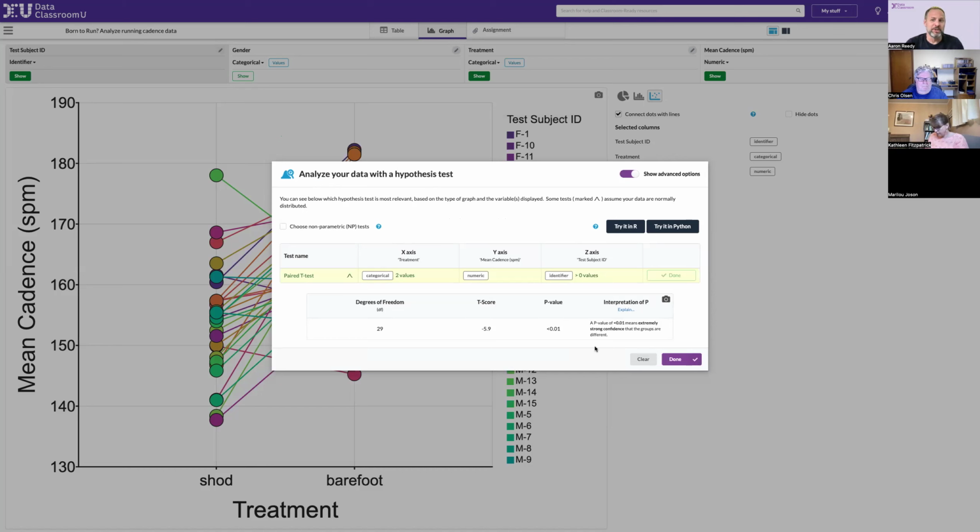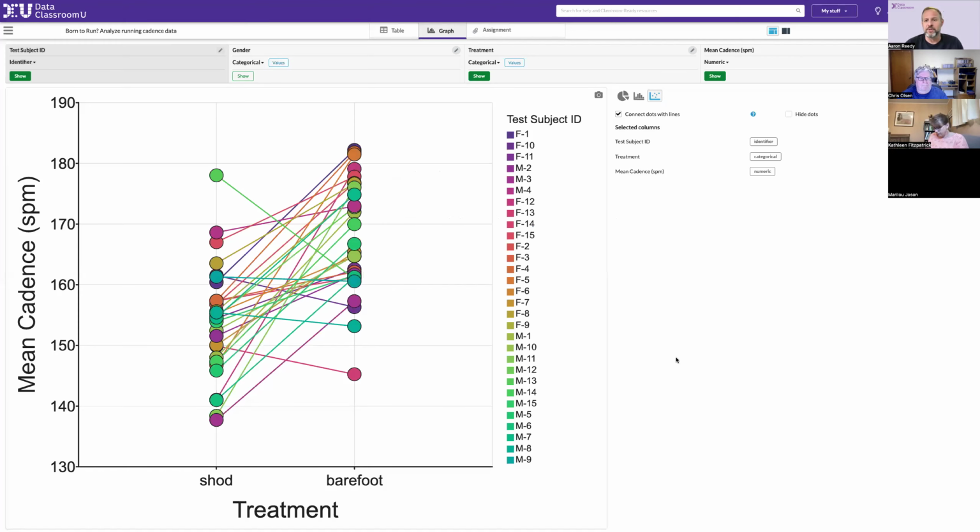The general conclusion we draw isn't different, which is why I think even if a student didn't do the paired t-test and did the regular t-test there, they would probably still do all right in defending their research and their methods. But this is just to show you how Data Classroom can support students, or another tool as well could support students in the kind of analysis they're able to do.